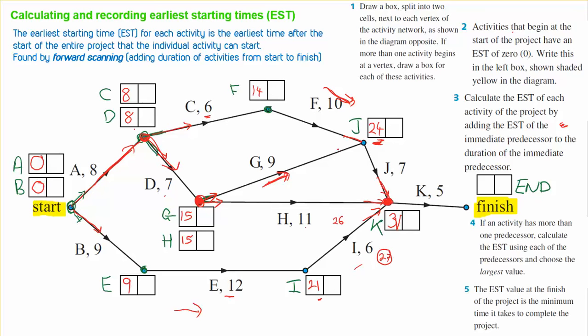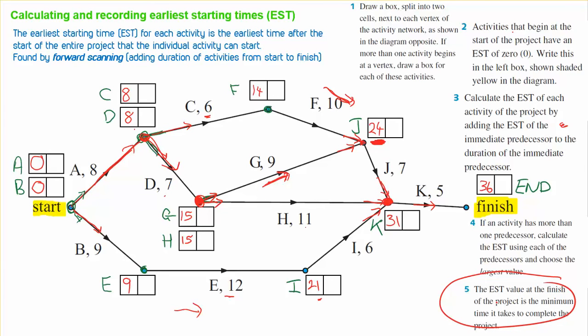When there's 2 edges that are coming into a vertex, you've got to work out the biggest one. In this case, it's actually the same. In this case down here, the answer to that one was 31. I'll tidy that one up a bit because that was the biggest. So we don't have to worry about 26 or 27. We then have to finish this by writing down the final 5, and that takes us to 36.